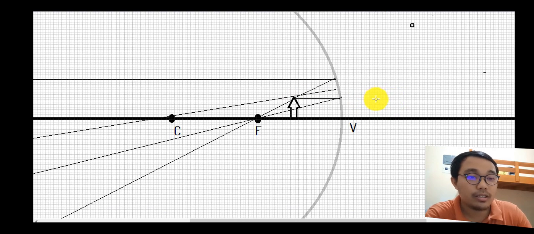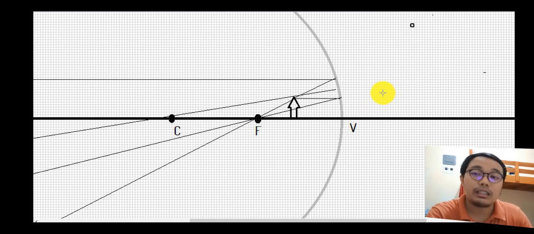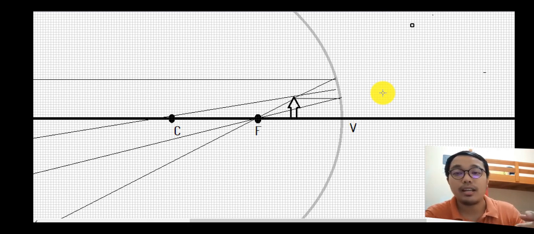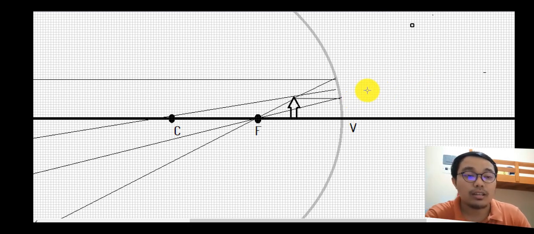Well, that is not an intersection point because the intersection we are going to consider is the intersection between reflected rays. Okay? You may see incident rays intersecting, but no. Only the reflected rays will form the image. Right? What we can do is to extend the rays. Which ray? Again, remember that we can only extend the reflected ray. We can never extend the incident ray.